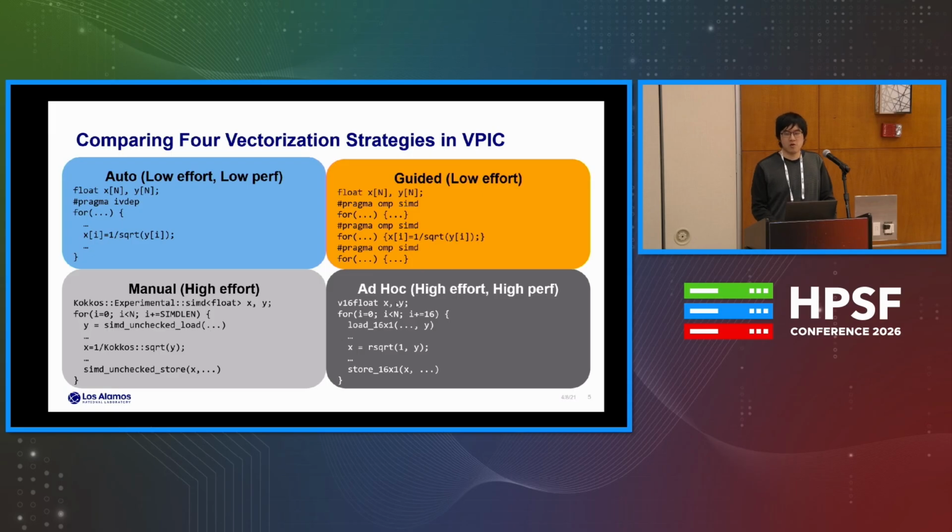And of course, as a reference point, the ad hoc optimized custom SIMD library built specifically for VPIC. This is just an example of what it would look like with the different strategies. So you can see the differences, like guided is pretty straight. It looks very verbose and a bit weird, but it is fairly straightforward.